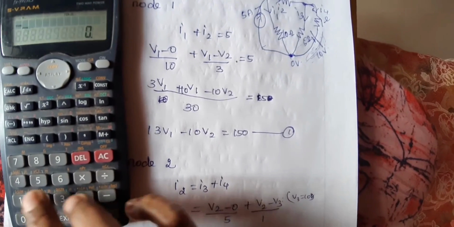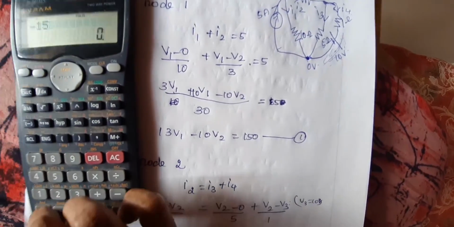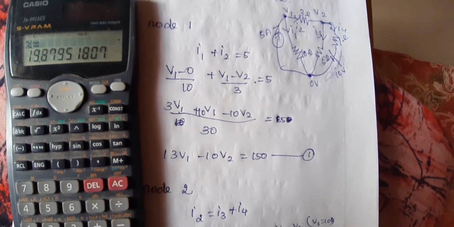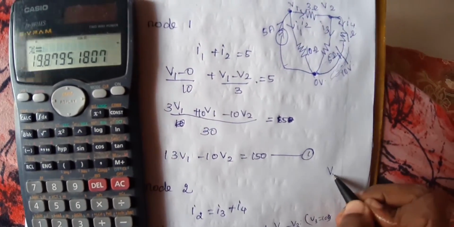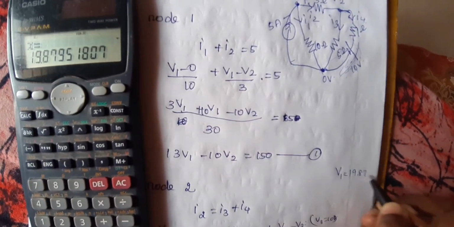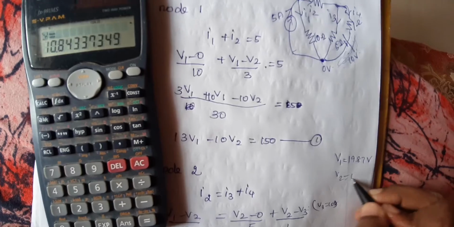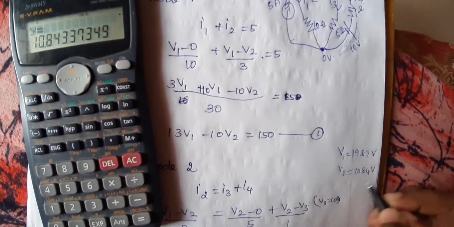So what is the answer? V1 is equal to 19.87 volt, and V2 is equal to 10.84 volt. That is the answer.